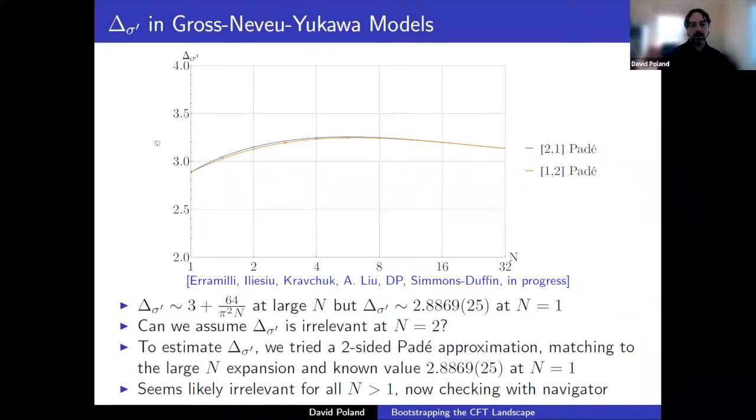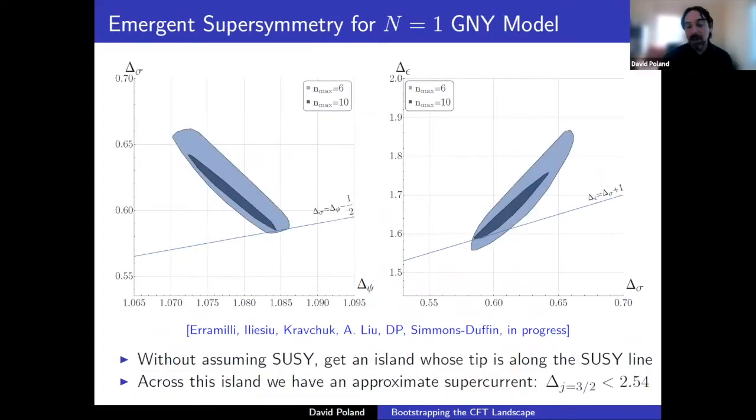That's something we're trying to do now in the Bootstrap using the new navigator method that you heard about on Wednesday. Let me also mention that, in this Bootstrap system that we studied for the GNY models involving psi, sigma, and epsilon, we can also study the n equals 1 model that I previously showed you the island for, which has supersymmetry. Using the same setup, with these fermionic correlators, we can get islands for this n equals 1 model without assuming any supersymmetry.